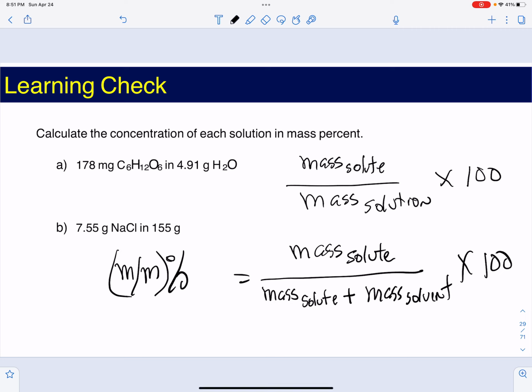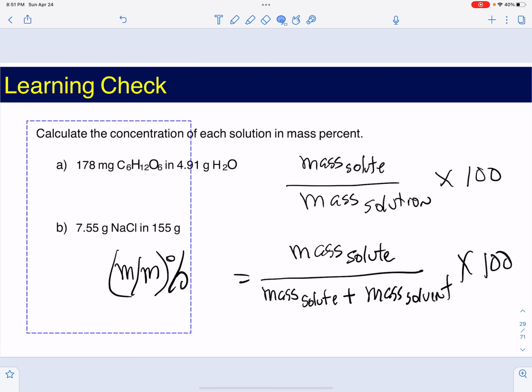So most of the concentrations, with the exception of molarity, which we are going to discuss later, are going to be solute over solution. On this particular one it is the mass of the solute over the total mass of the solution, which is the solute plus the solvent. So let's do some problems here to see how we can apply that.